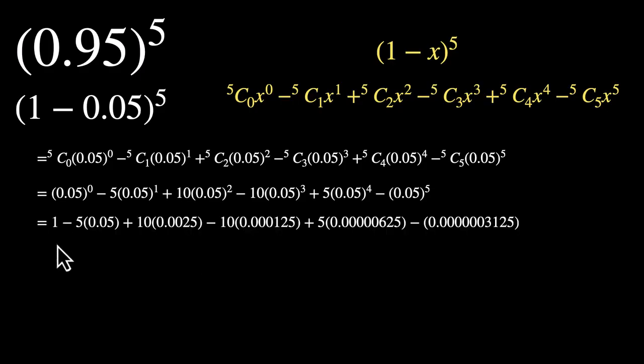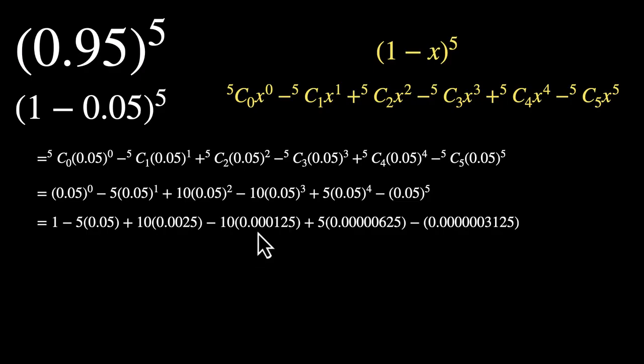This is 1 because we're raising it to the power 0. This is 5 times 0.05. This is 10 times 0.05 squared. So this will have 4 decimal places. 5 squared is 25. This is 0.0025. What about this one? This is 0.05 to the power 3 or cubed. So this is 125 with 6 decimal places.